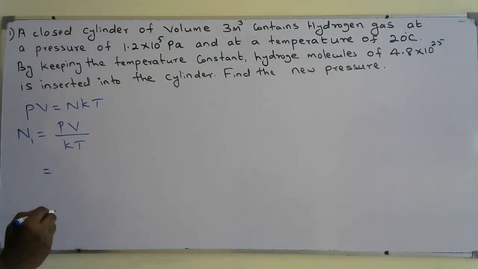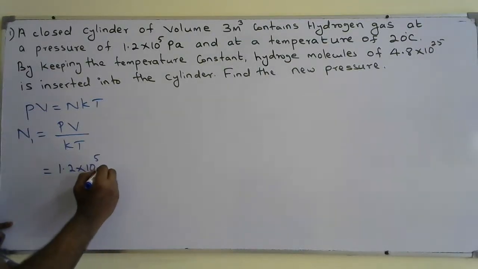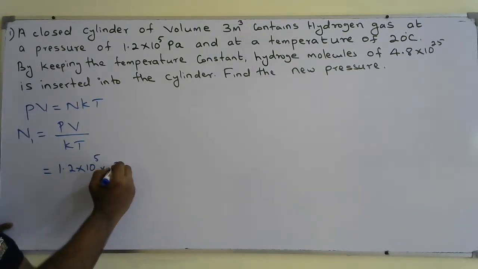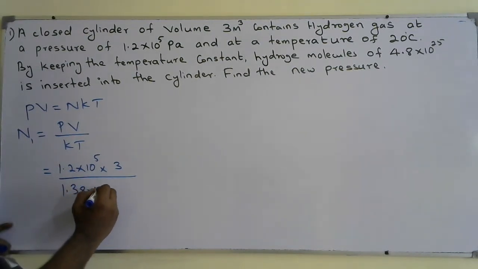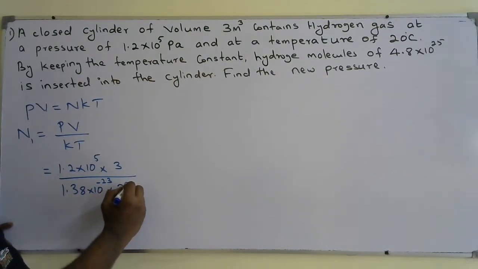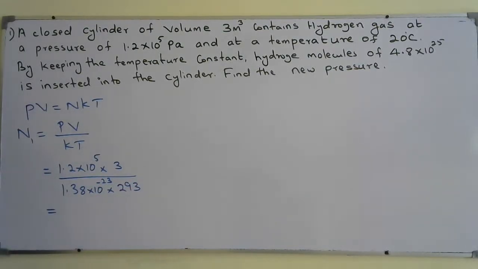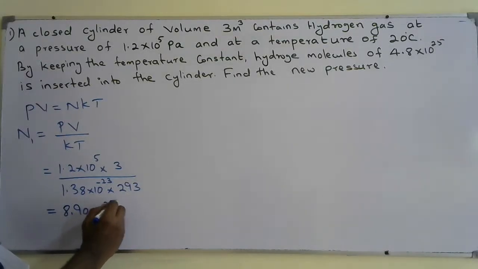So pressure we know initially, that is 1.2 × 10^5. Volume we know, 3. k is 1.38 × 10^-23, into temperature 20 degrees Celsius, 293 Kelvin. So we find the initial number of hydrogen particles in the cylinder, which is 8.90 × 10^25.